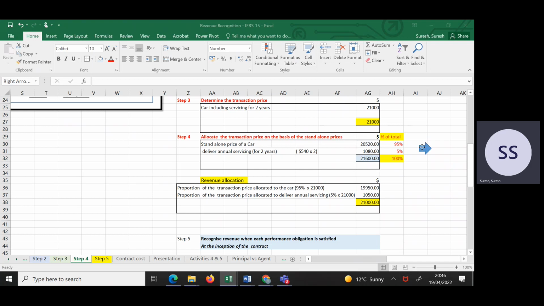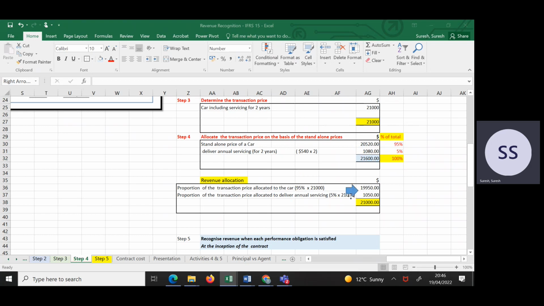That's why I have found the percentages of the standalone prices. So I've got the percentages, and I know the total must come to 21,000, which is the revenue. Here, the proportion of the transaction price that needs to be allocated for the car would be 95% of this 21,000.